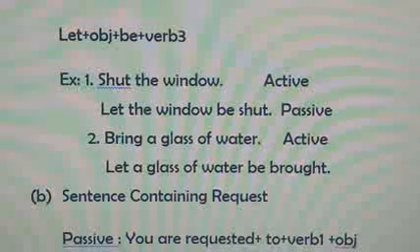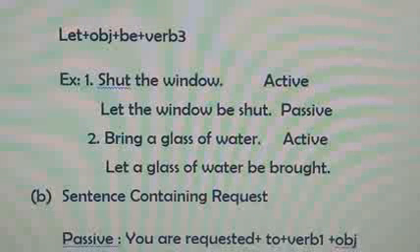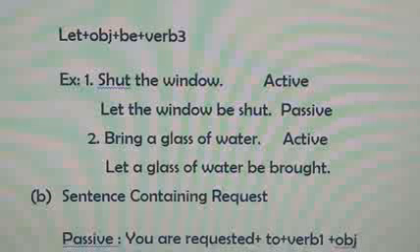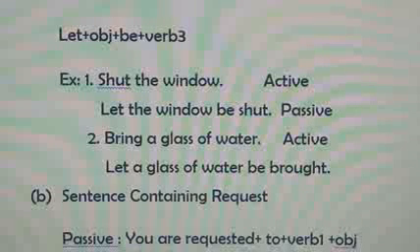So, dear student, when we convert it into passive, we are not allowed to forget that we should add you are requested. Then the suitable object will be there. Okay, this sentence is in passive mode, right?